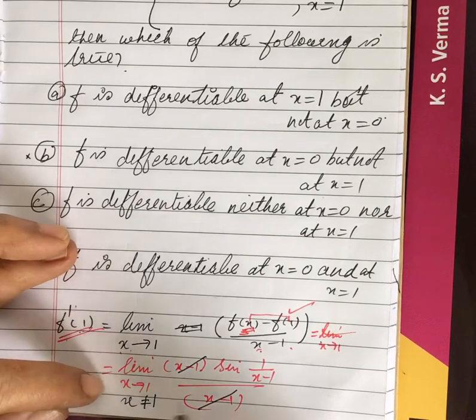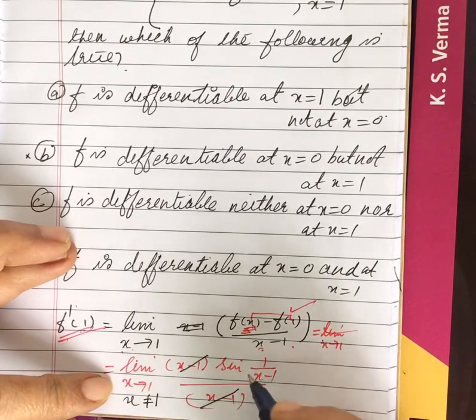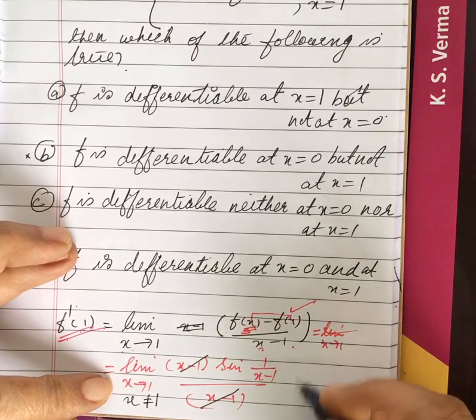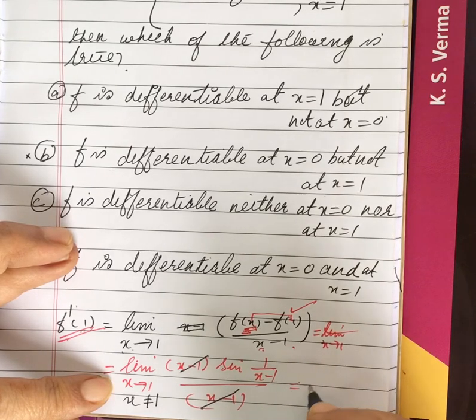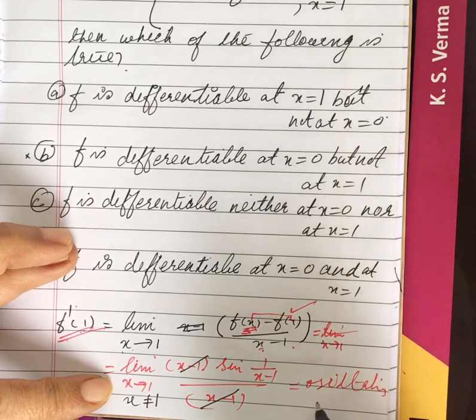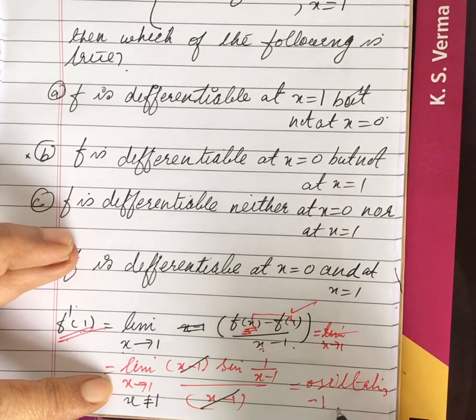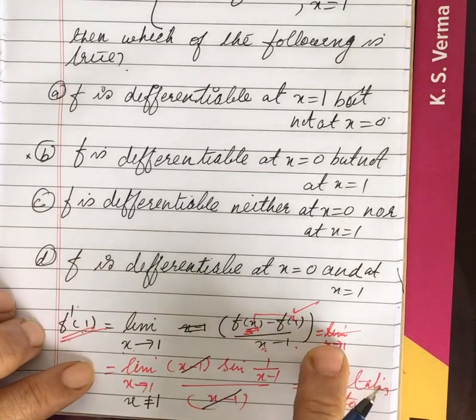And when x tends to 1, this function is not a fixed value. It is an oscillating value. It may oscillate between 1 and minus 1, so its value will change from minus 1 to plus 1. So this derivative does not exist.